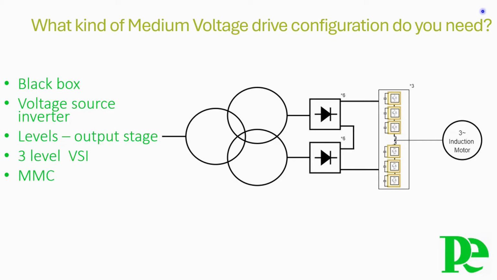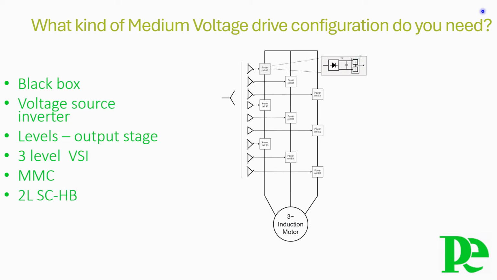Next in our topology overview is the 2-level series connected multi-level cascaded H-bridge cells topology. What a mouthful. The multi-level cascaded H-bridge cells topology adds up the output of multiple low voltage power cells to obtain medium voltage levels. Each power cell is a simplified version of a standard 2-level PWM low voltage converter.